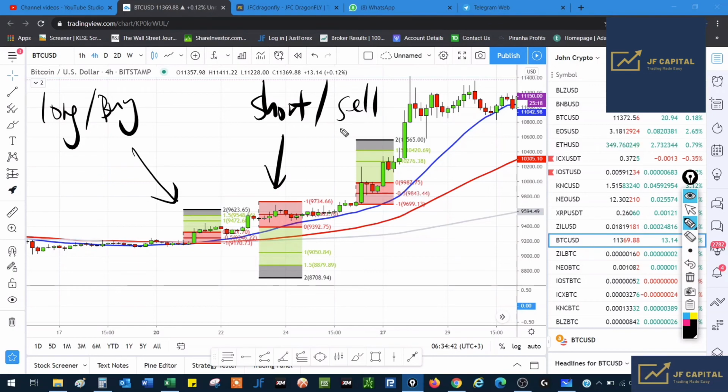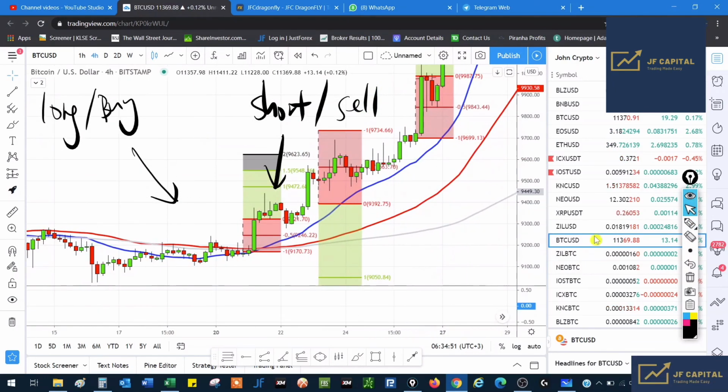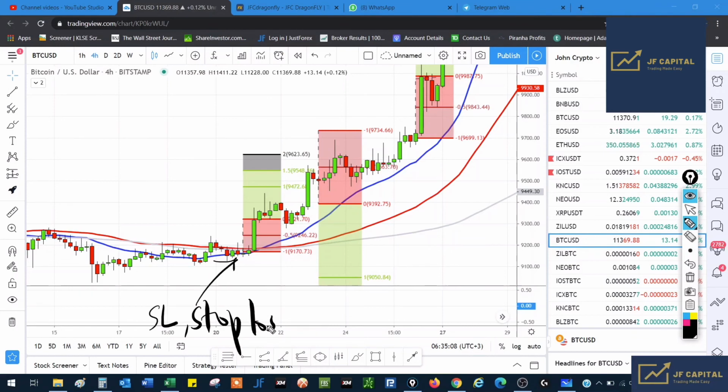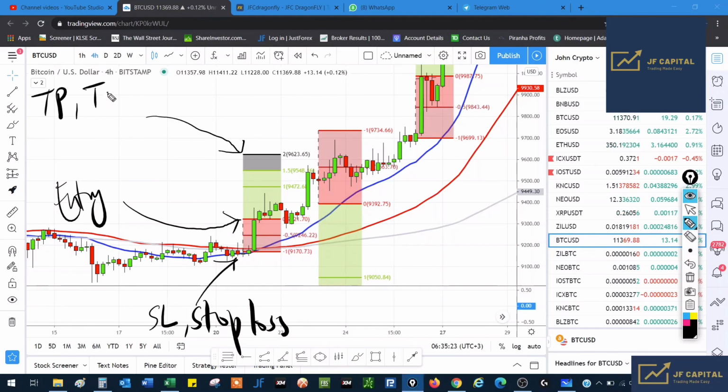Let me zoom. You will see there's a negative 1, 0, and 2. This is my SL, stop loss. This price is my entry. And this price will be my TP, or take profit.